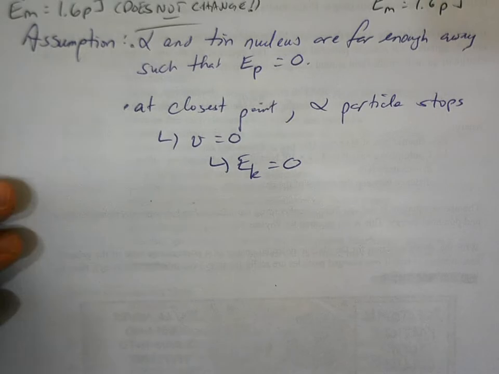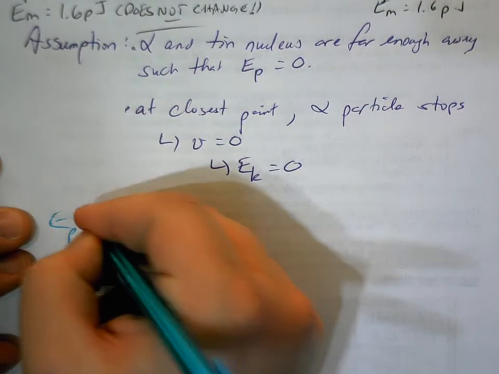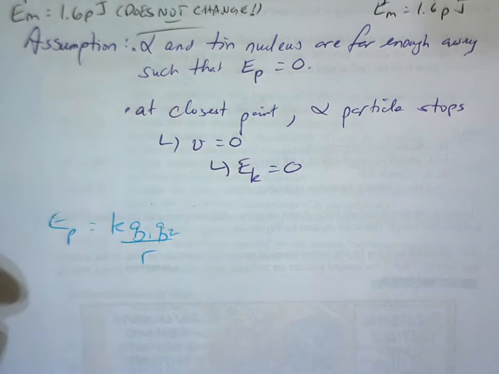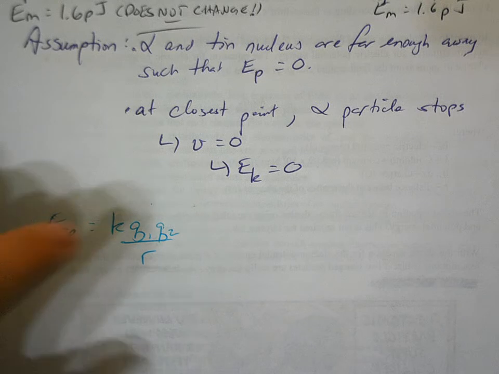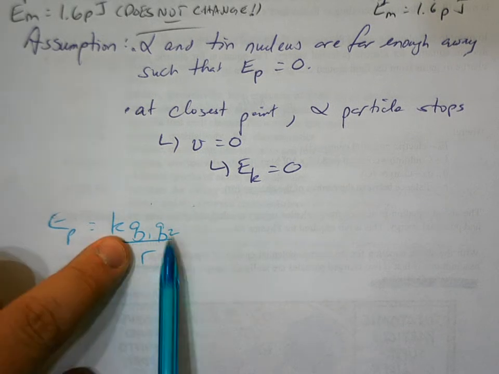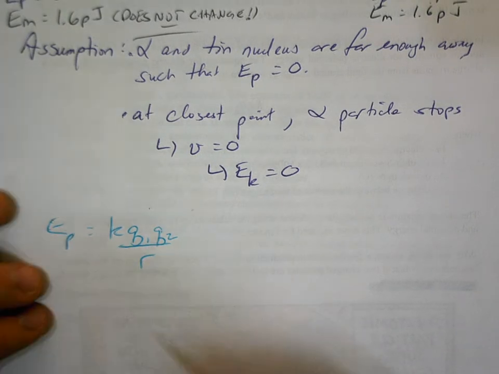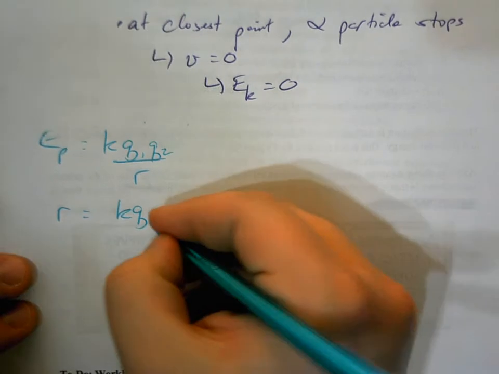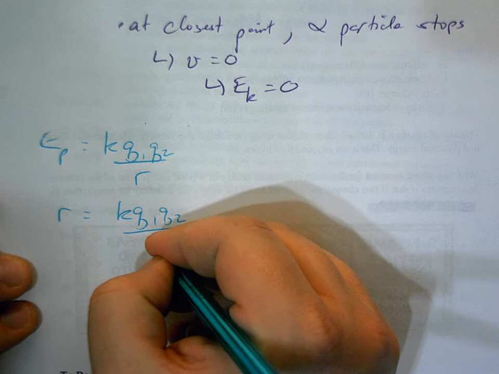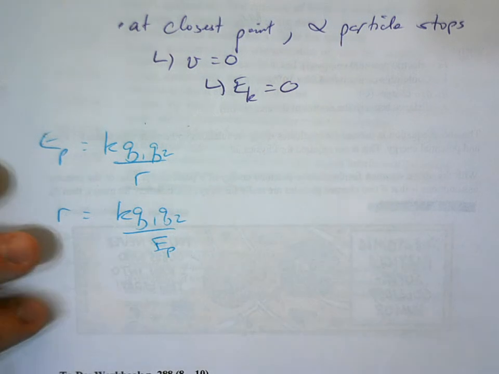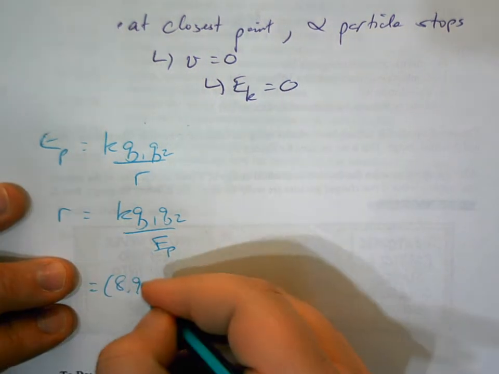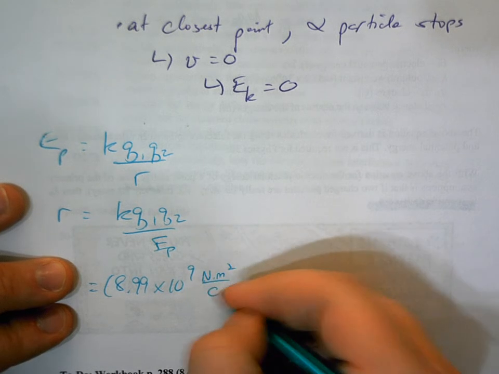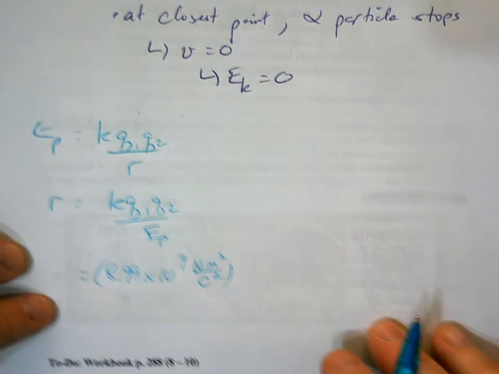So we know E_P is k q1 q2 over r. This is going to allow us to find r. We know k, we know the charge on the alpha particle and the tin nucleus, and we know E_P. So r is k q1 q2 divided by E_P. K is Coulomb's constant, 8.99 times 10 to the 9 newton meters squared per coulomb squared.